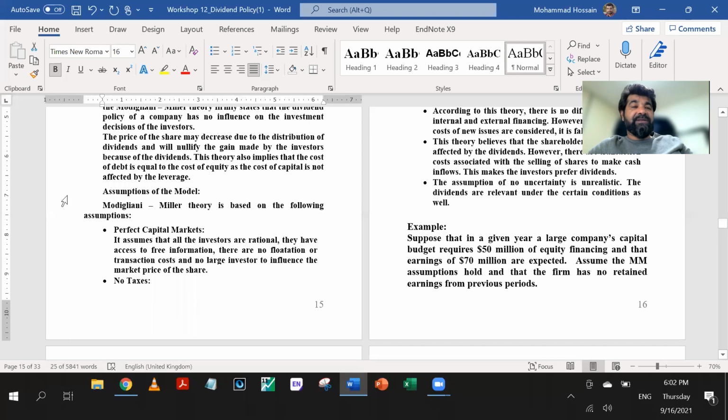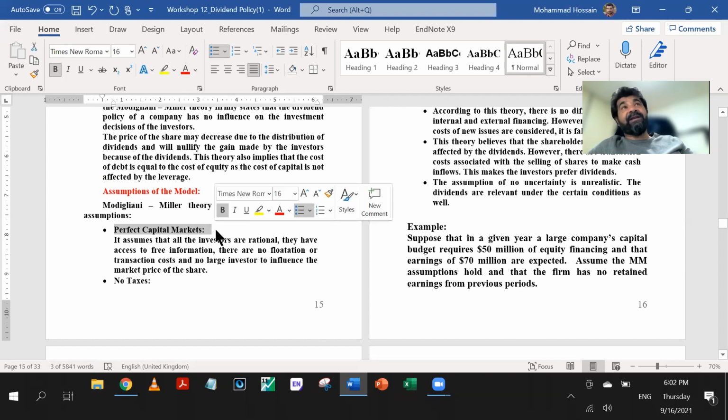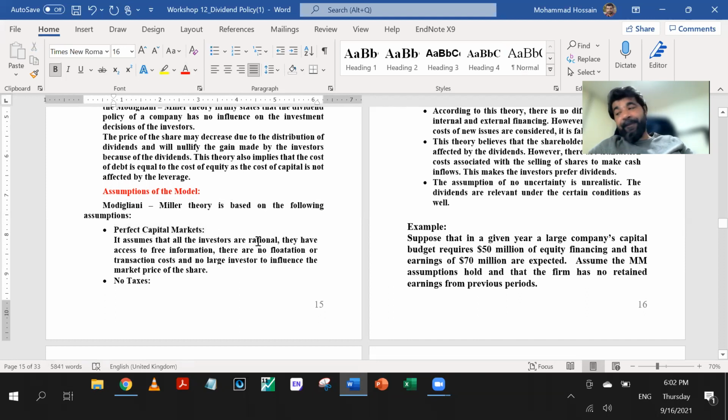Now, the problem with this model is one assumption: they think the business operates in a perfect capital market. That is what we call the efficient market hypothesis, which says that the market is very efficient, and shares are not undervalued or overvalued.